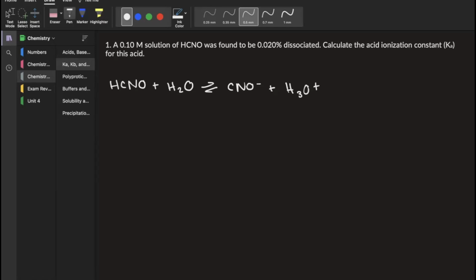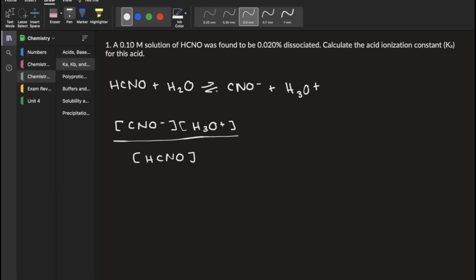Next thing we're going to do is write the expression, excluding water, of course, because it's a pure liquid.